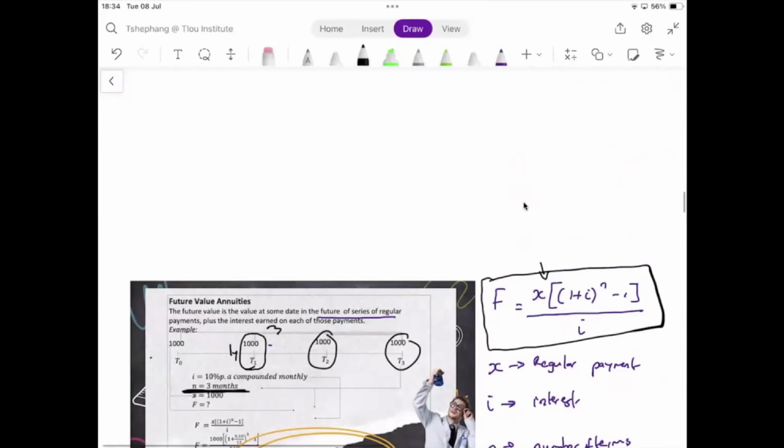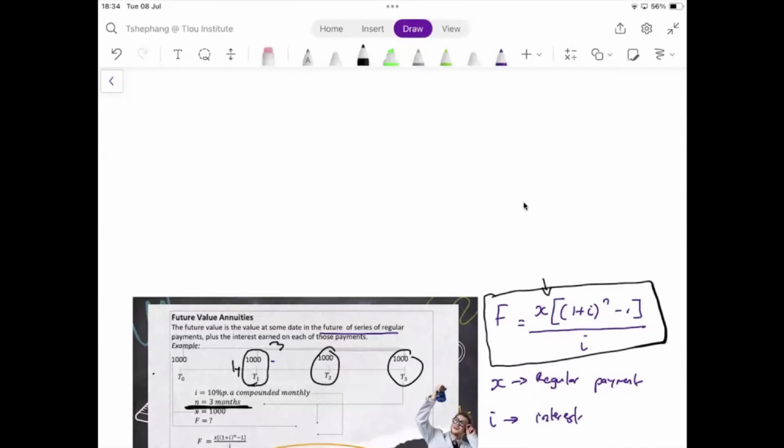All right, somebody is saying they don't understand the future value concept. Let me explain it again. So let's say we start saving money. We save money for a period of a year, starting in January. So 1, 2, 3, 4, 5, 6, 7, 8, 9, 10, 11, and 12.